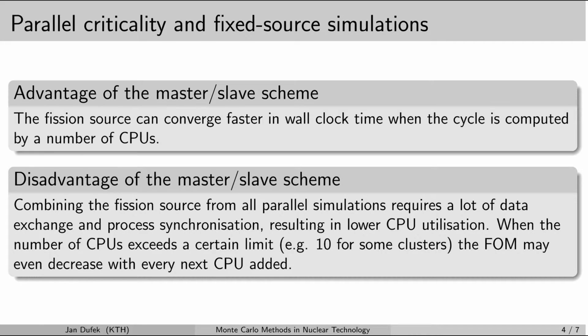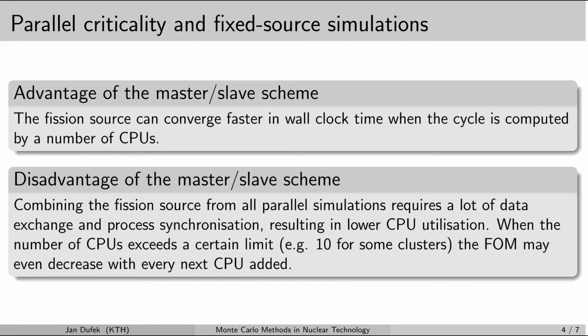Moreover, we allocate approximately the same number of neutron histories to all the slave processors. Nevertheless, they may take different time to simulate them because the number of collisions of the neutrons within different neutron histories may be different. So you may really need different computing time to simulate different neutron histories.